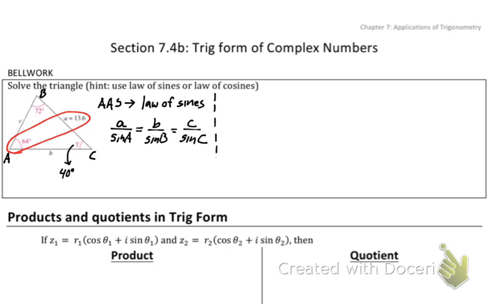So let's start with side B. Let's go ahead and solve for side B. I don't know what side B is yet, so I'll put B over sine of angle B. Angle B is 72 degrees, so we'll just put a 72 in there. And that's going to equal our side A, which is 13.6, over our sine of A, which was 64 degrees.